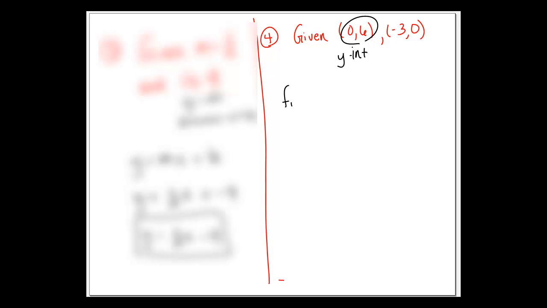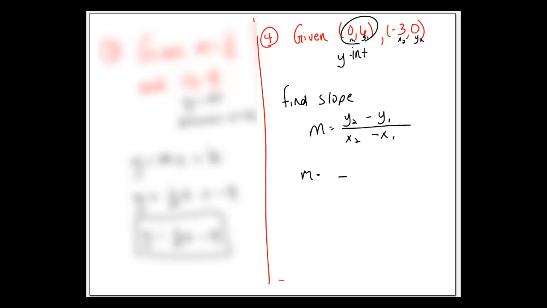To find your slope, we're going to refer back to finding slope using our formula, y2 minus y1 over x2 minus x1. If we label these, I can label this as x1 and y1, and label this as x2 and y2.